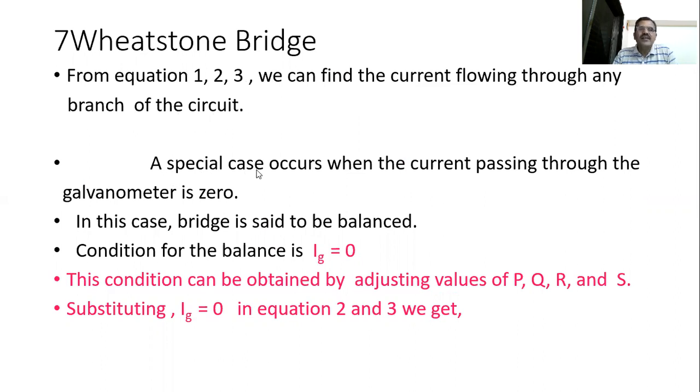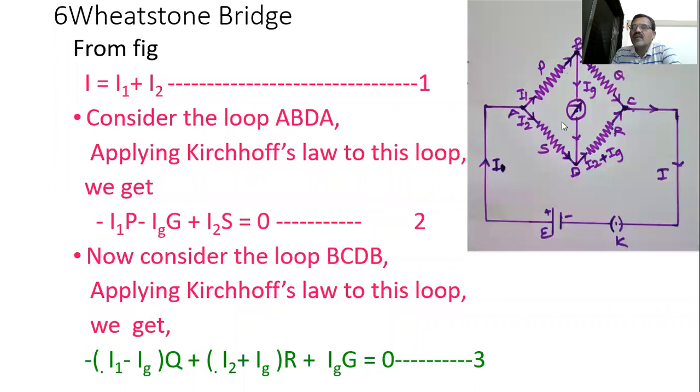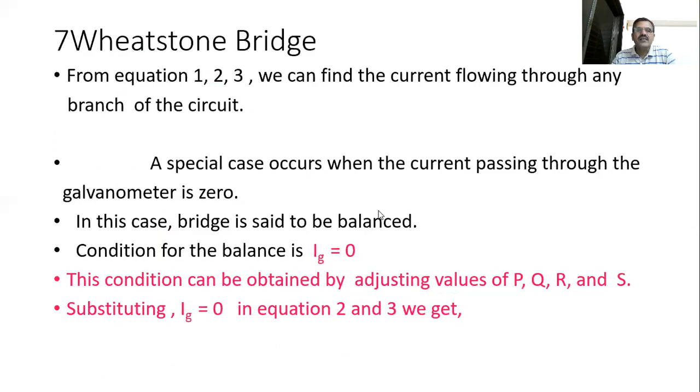A special case occurs when the current passing through the galvanometer is 0. In this case, the bridge is said to be balanced. If the current flowing through this galvanometer is 0, that is Ig is equal to 0, then this bridge is said to be balanced.